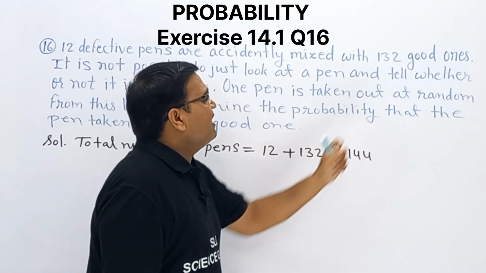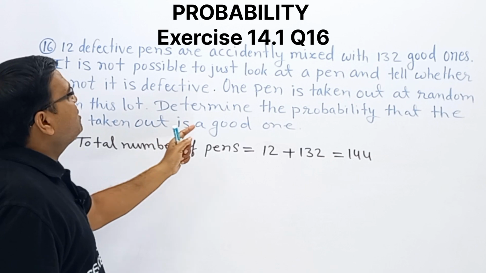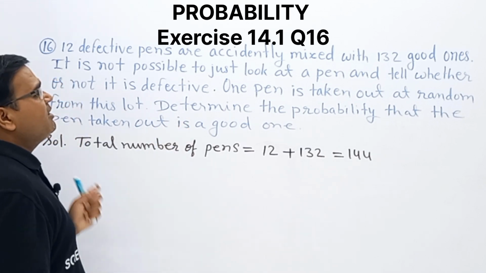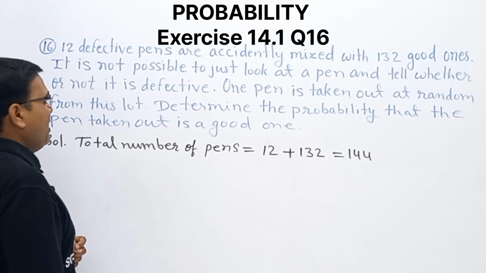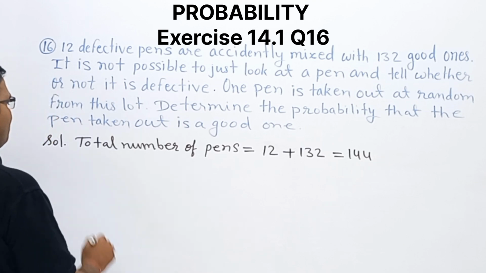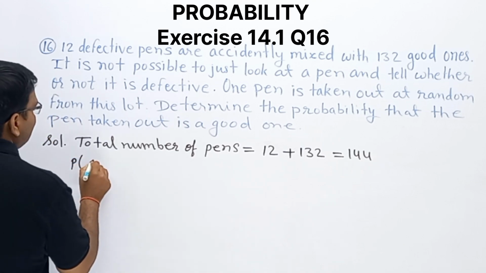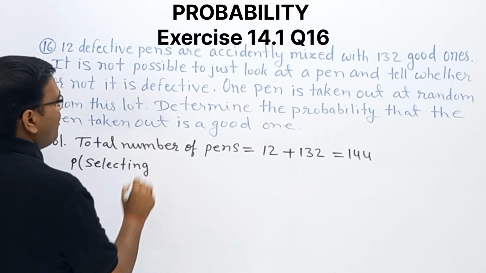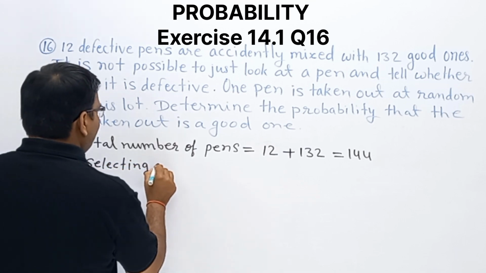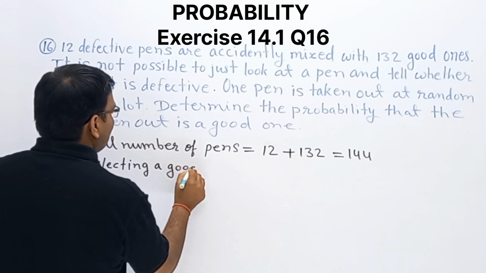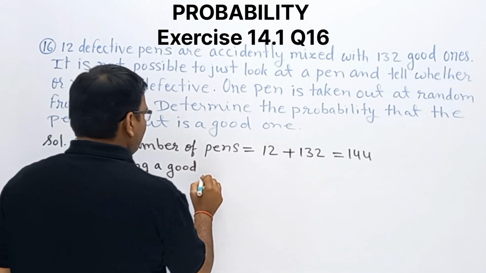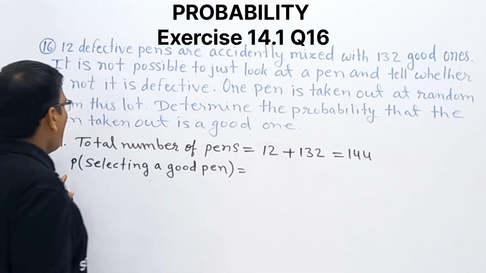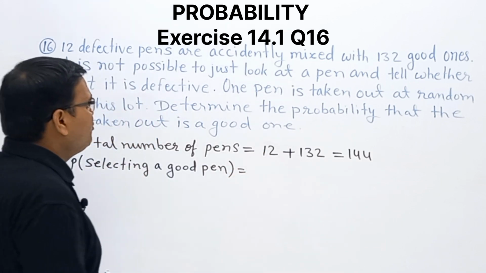Determine the probability that the pen taken out is a good one. We want to find the probability of selecting a good pen. Clear? So, probability of selecting a good pen equal to, probability of event formula is what?